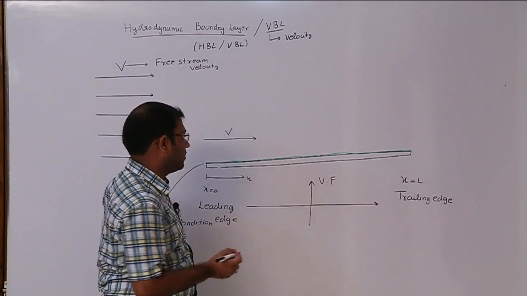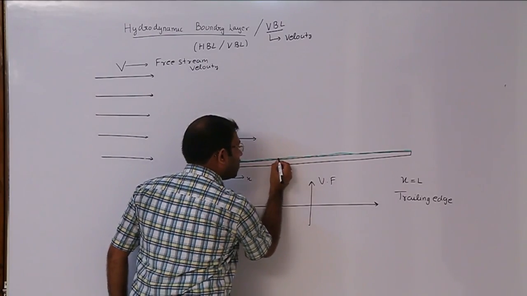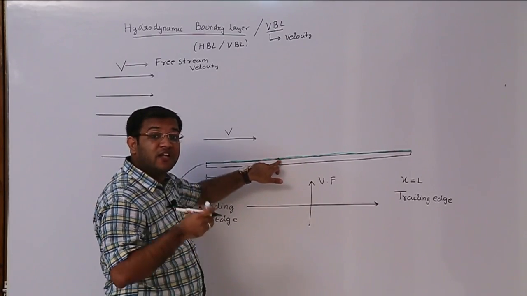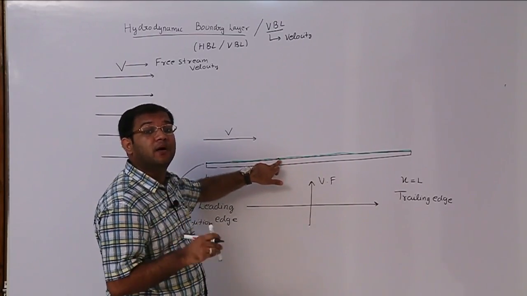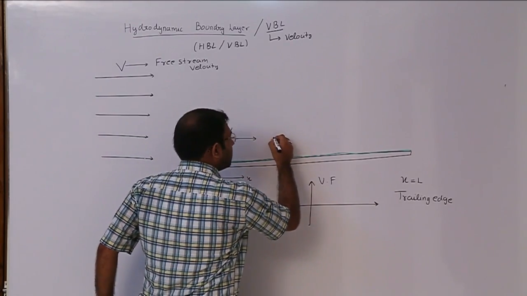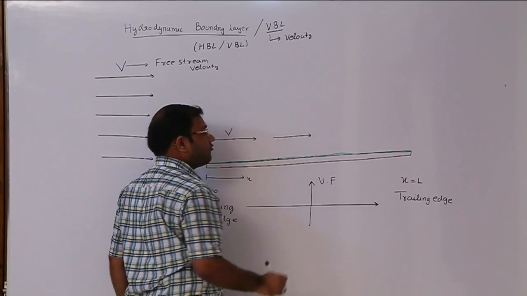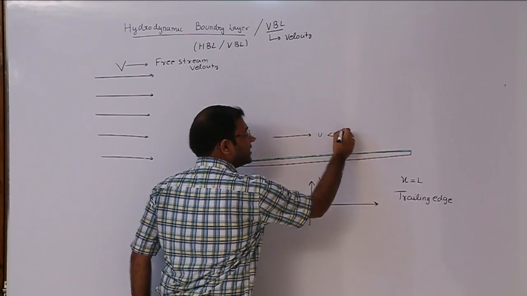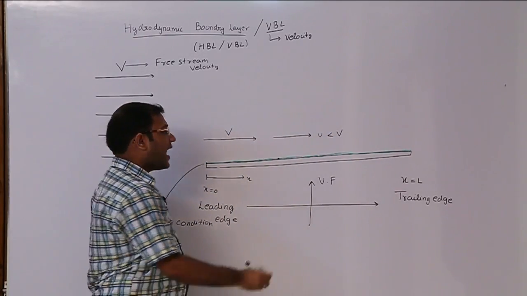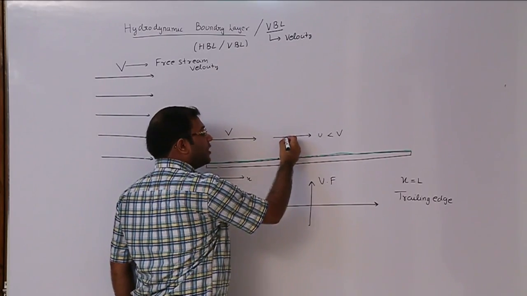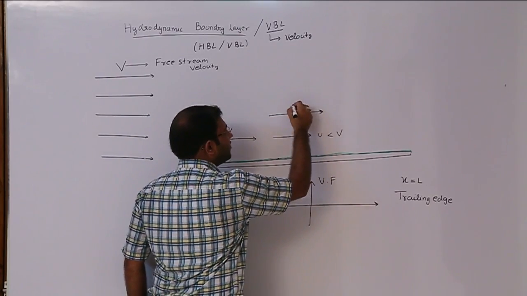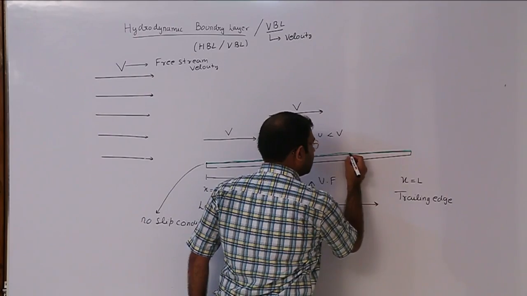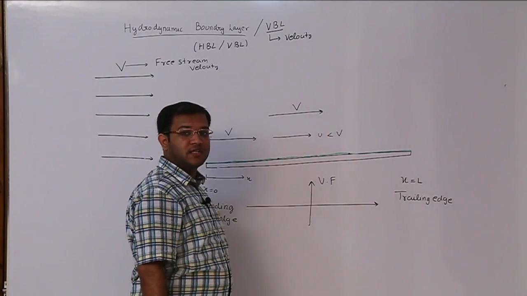So what will happen? Here again the velocity is 0. This motionless layer will retard the fluid particles above it. So the velocity of fluid particles above it, let it be u, will be less than free stream velocity V, and the layer above this layer will have free stream velocity V. Now again coming to this point, here again the velocity is 0.